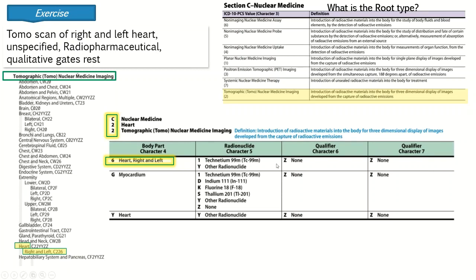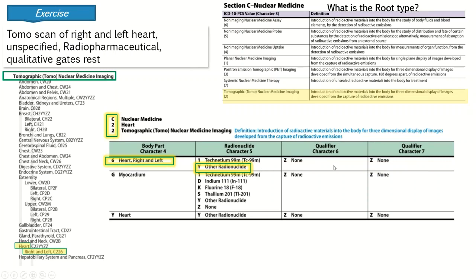Now, we have to figure out what the fifth character is. Is it technetium or other radionuclide? Their documentation doesn't mention technetium, so I guess it's going to be other radionuclide.